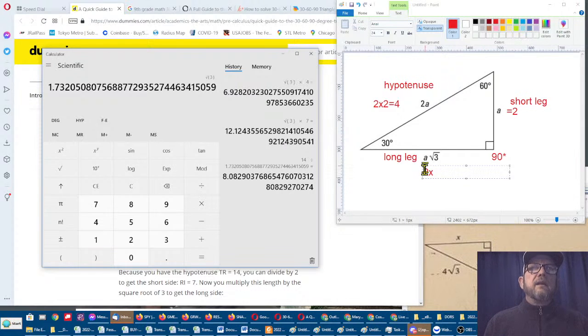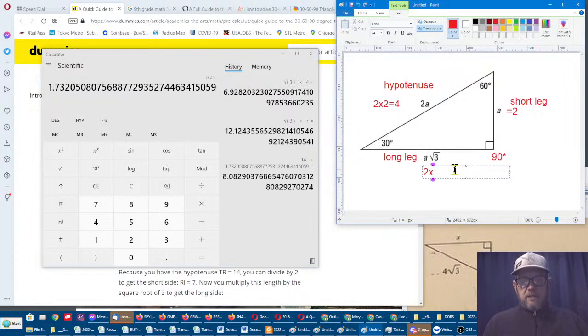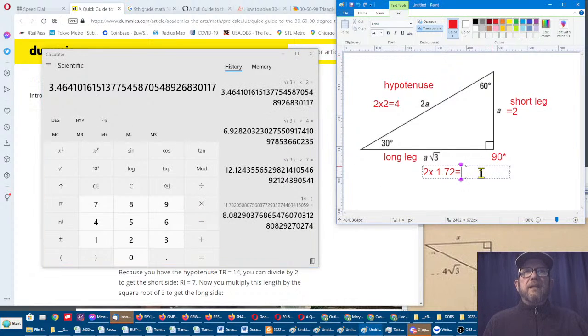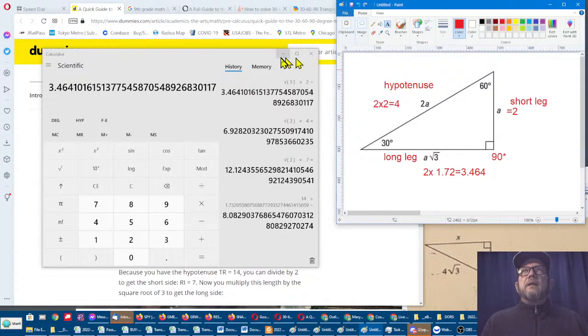And then here, it's 2 times 1.73. Let's multiply, times 2 equals, so it's about 3.464. Okay, let's try another example.